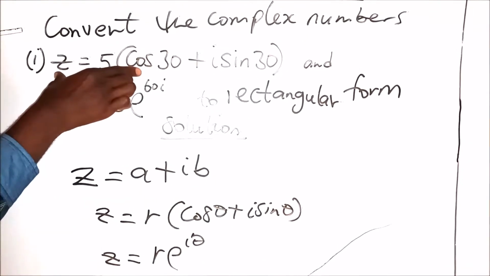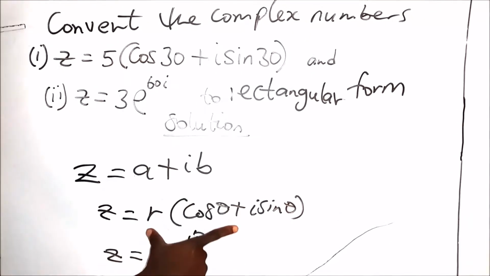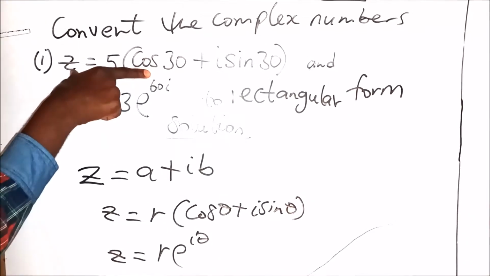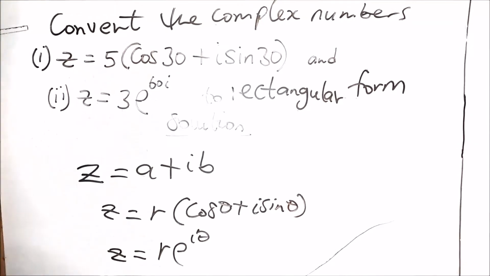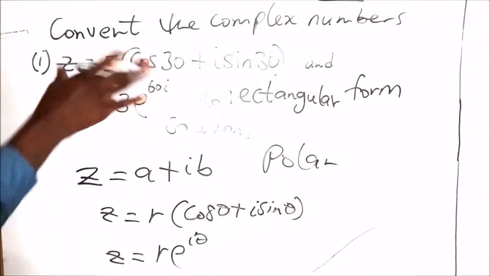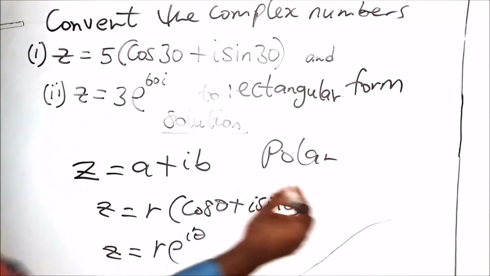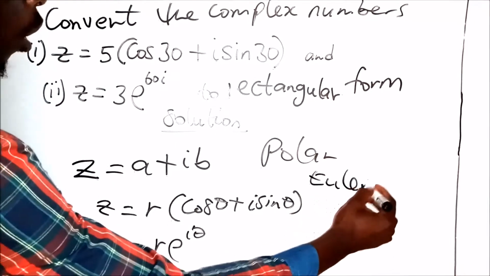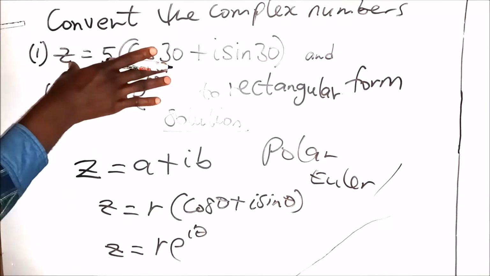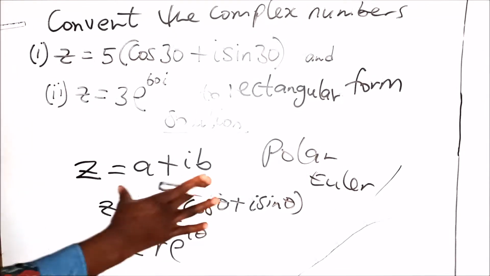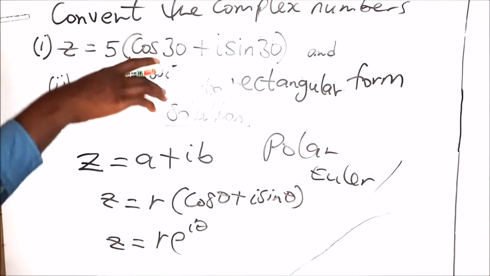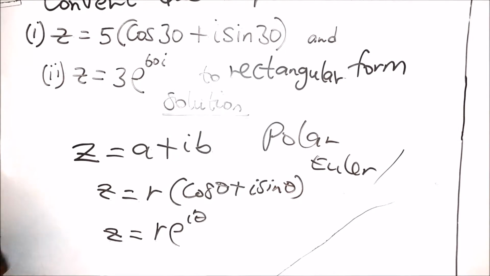This first one, if you compare it, you will see that this complex number is in polar form, while this one is in Euler or exponential form. So we are going to convert this polar form to rectangular form, and secondly, we are going to convert this from Euler form to rectangular form.